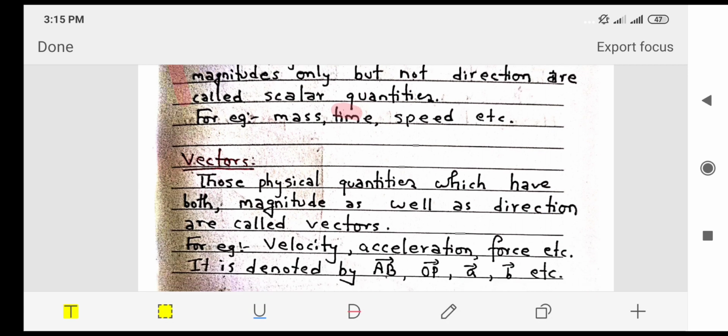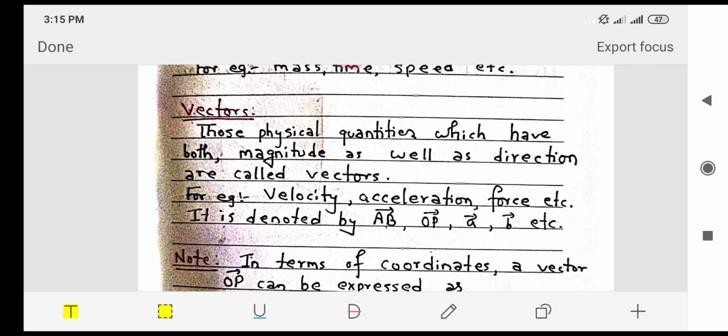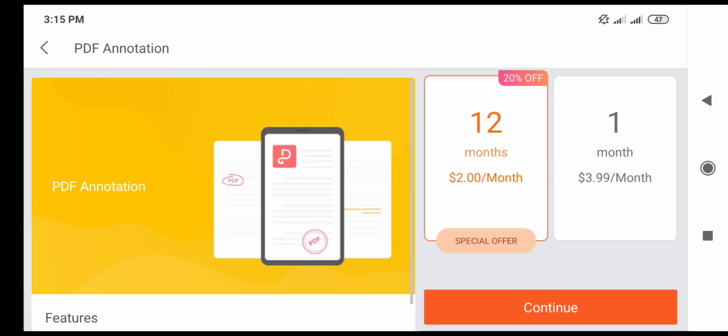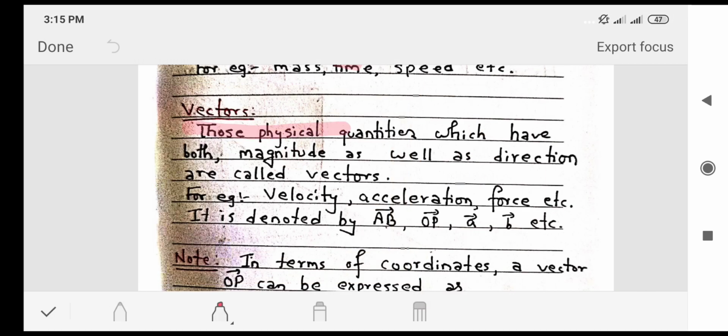Now let's go to our next definition, that is vector quantity. So what is vector quantity? Vector quantities are those physical quantities which have both magnitude as well as direction. It is a very simple definition.